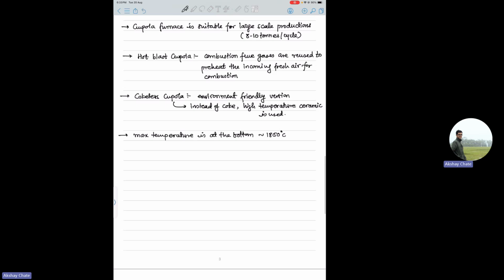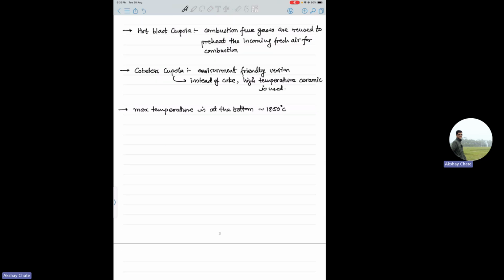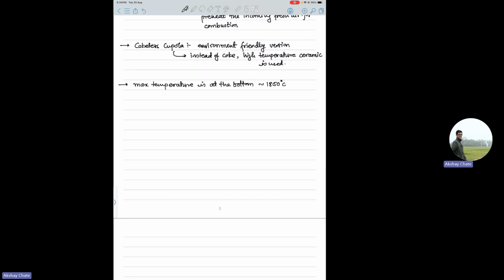If you want to make a sketch, you'll have about 5 or 6 zones. There is something called the well zone.